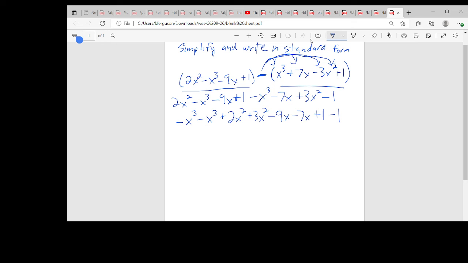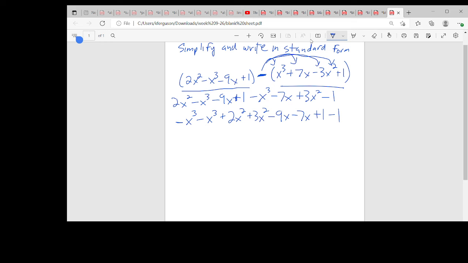And then I've got 2x squared and 3x squared. Put them right there. Then I've got negative 9x and negative 7x. Put them right there. Positive 1, negative 1. Put them right there. So now all alike terms are right next to each other, as opposed to everything being like that. Did I lose you? Does it make sense or no?